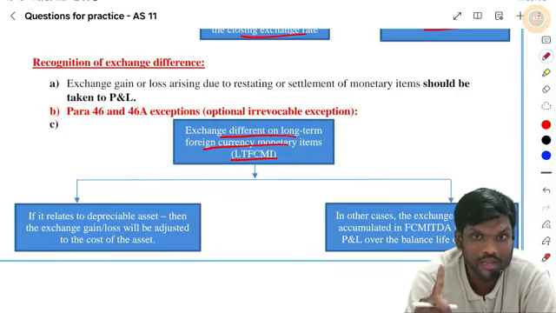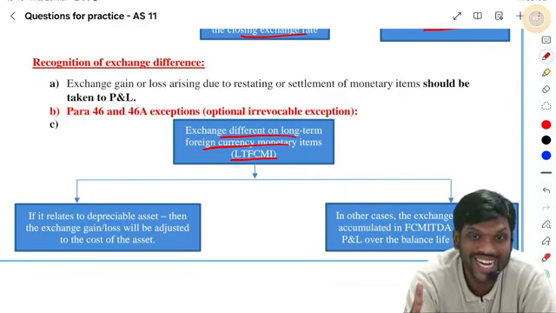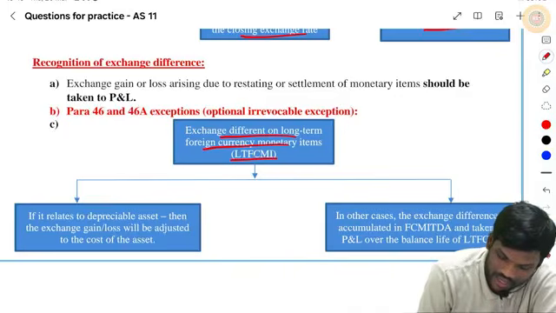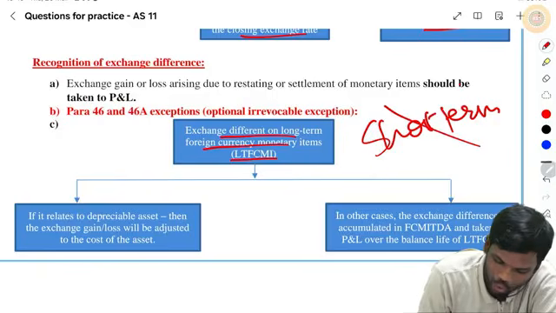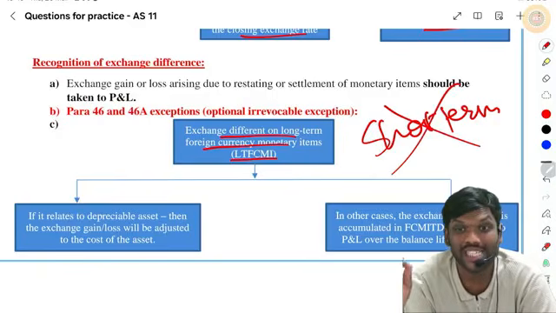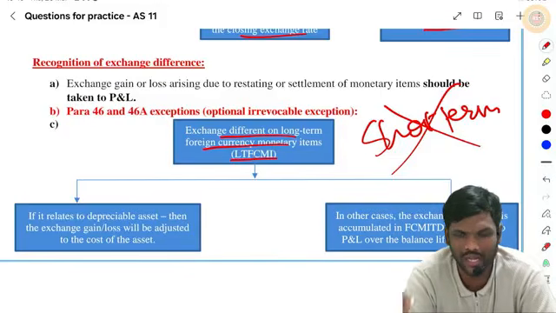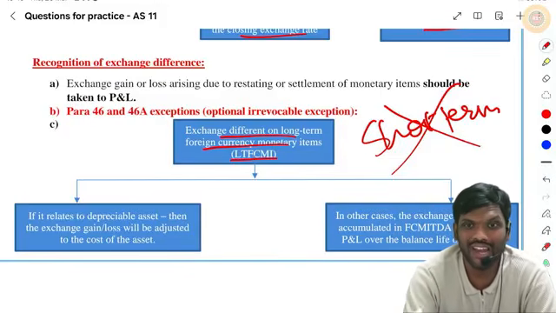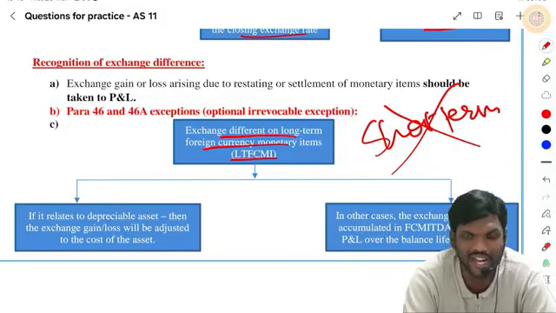First, listen, this para 46A applies only to long-term foreign currency monetary items. This para 46A doesn't apply to short-term foreign currency monetary items. Sir, what do you mean by short-term? Where the total life of that monetary item is less than or equal to 12 months, it becomes a short-term foreign currency monetary item.